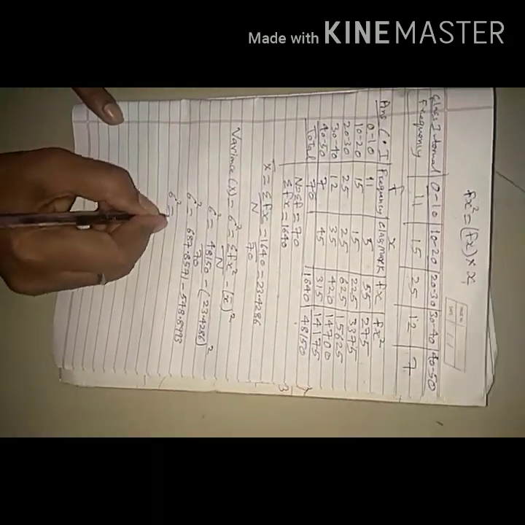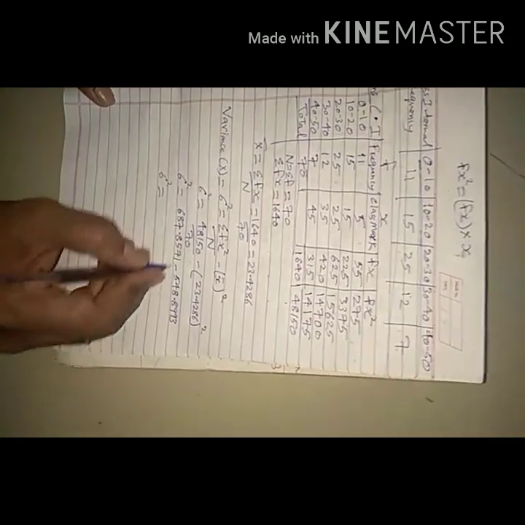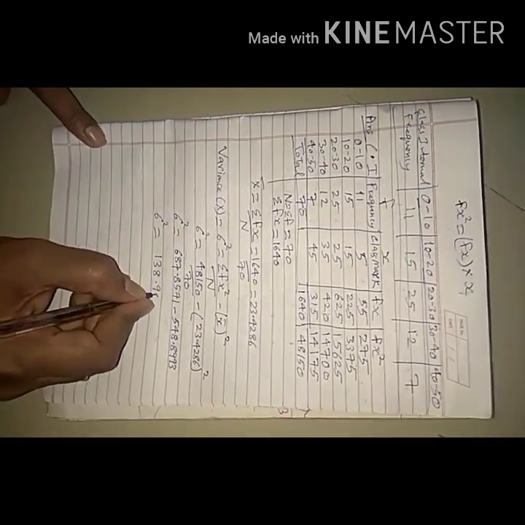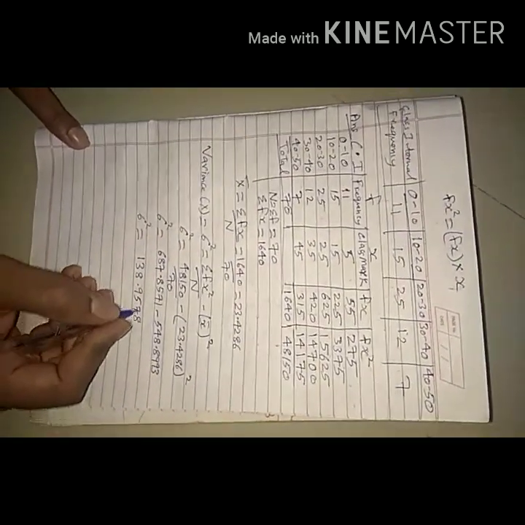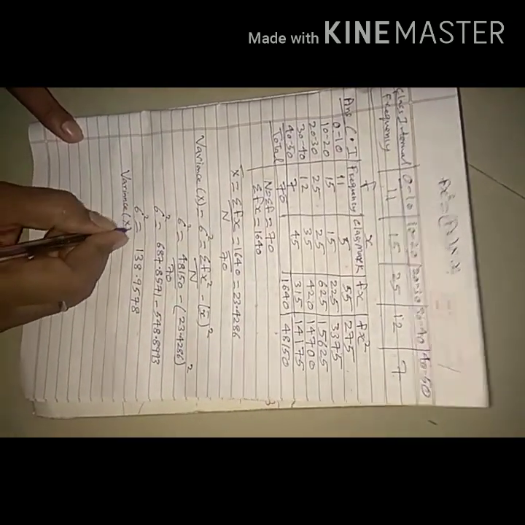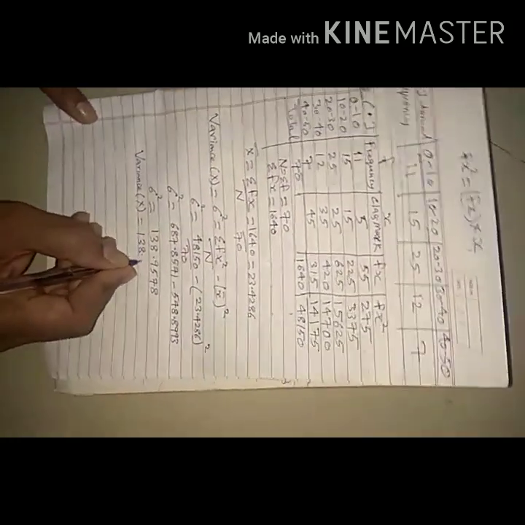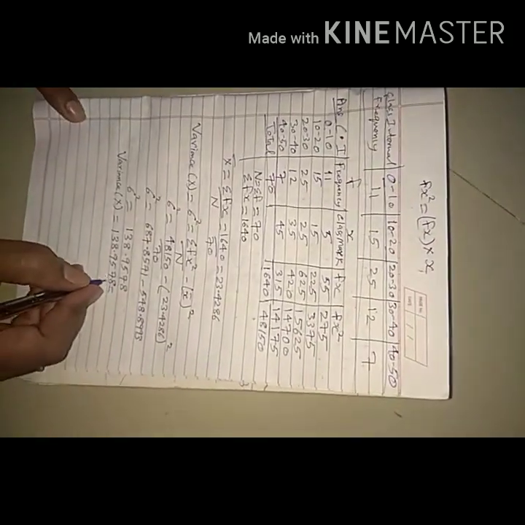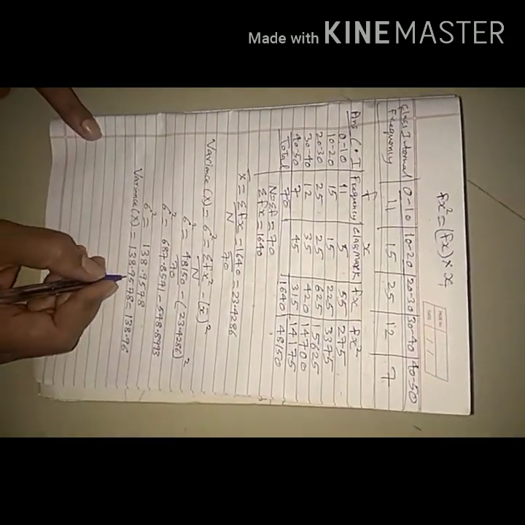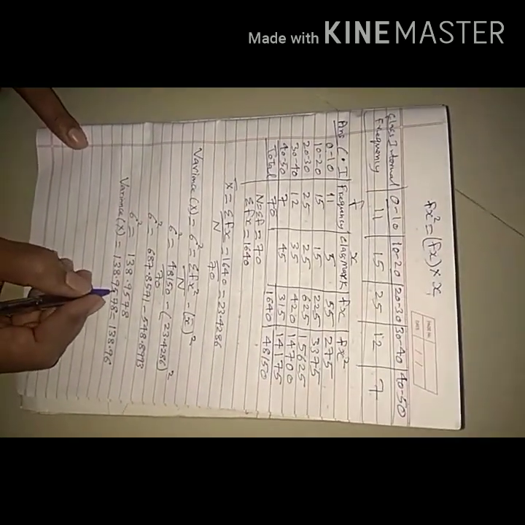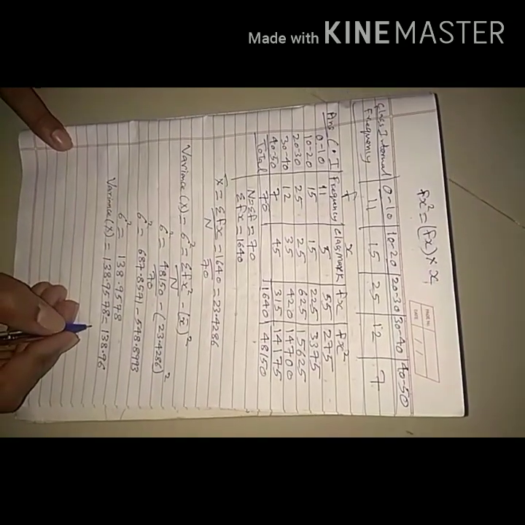So sigma square will be, subtract this value from this, you will get 138.9578. So variance of x is equal to 138.9578. If you want, you can round it off till 2 decimal places. The value will be 138.96, because after the second decimal place the value is more than 5, so you can add one more here to get 96 here.